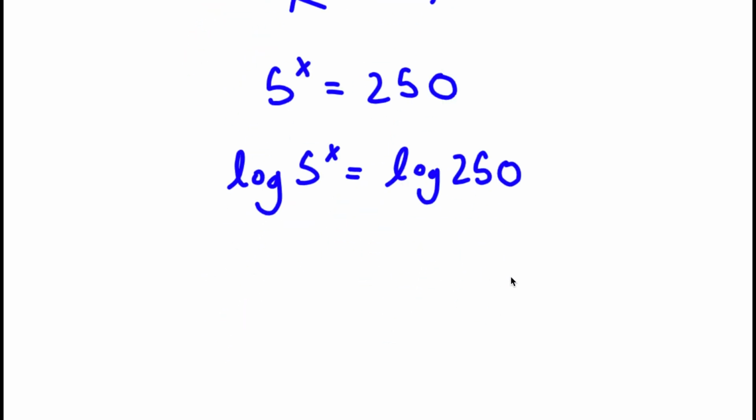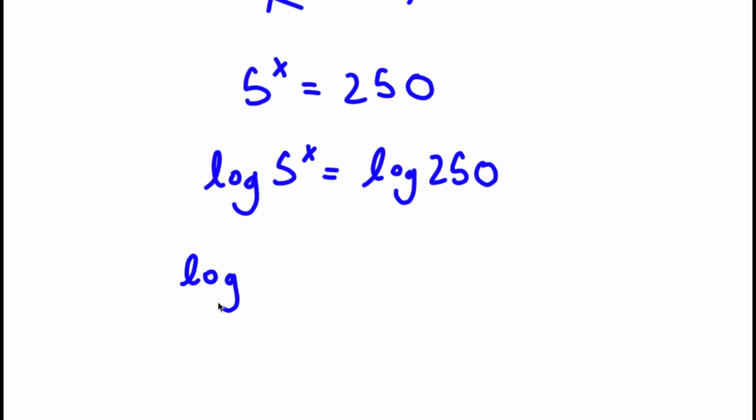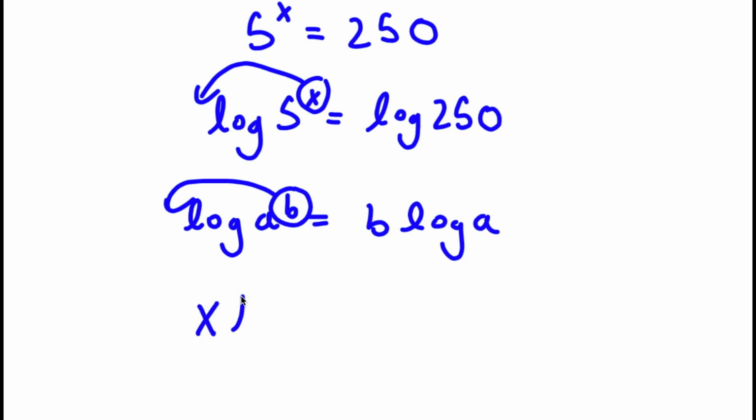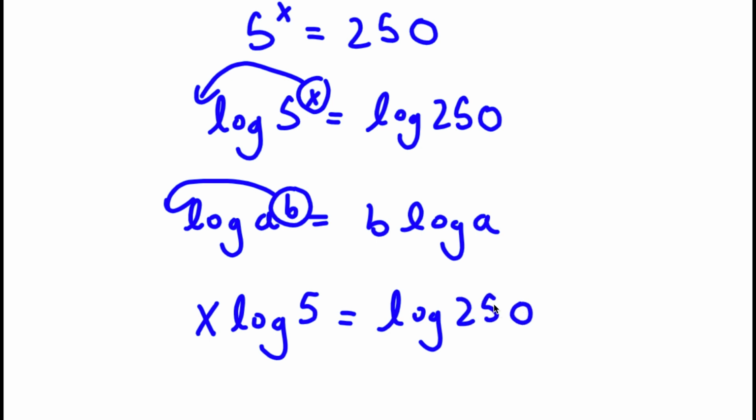And if I have something in the form log a to the power of b, I can simply move this exponent b to the front. So this is going to equal b times log a. So in this case, I have log 5 to the power of x, and I can move x to the front. So that's going to equal x times log 5, which is equal to log 250.